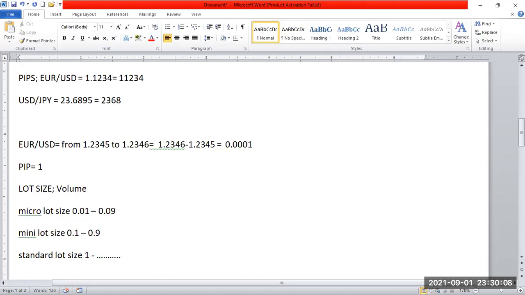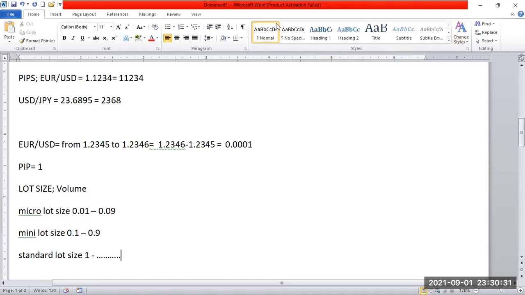Let's say for synthetic indices, Boom and Crash for instance, the maximum lot size you can use is 50. And I did this in our signal group, we were using 0.2, but you can use as much as 50, if you have the capital to hold. I hope you're understanding.